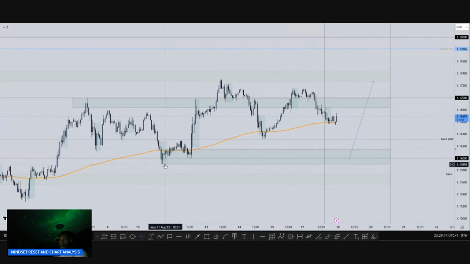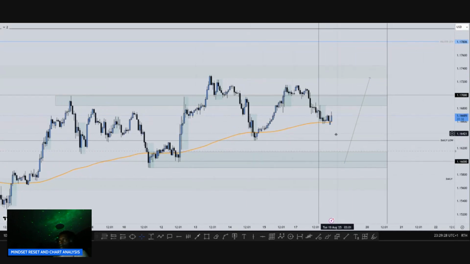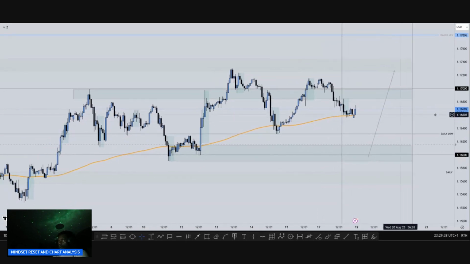I'll be looking to put my stop loss below here, or once the market gives me the signal, I'll try to put my stop loss below the area that I think is going to be a swing low. So that's another way that you can set your stop loss. But first, wait for the market to come here, then you can look for a stop loss, but have your risk in your head though.